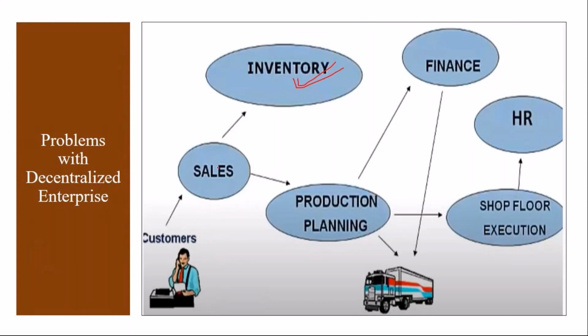Then the sales department approaches the planning department for the manufacturing of the product. But here the planning department doesn't have access to the data of the inventory management department to check the stock of the raw materials.